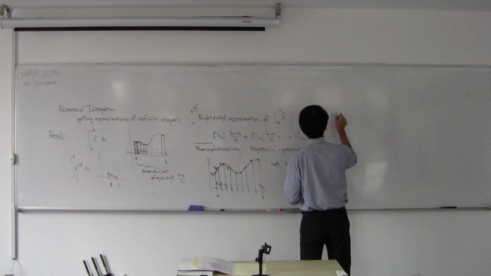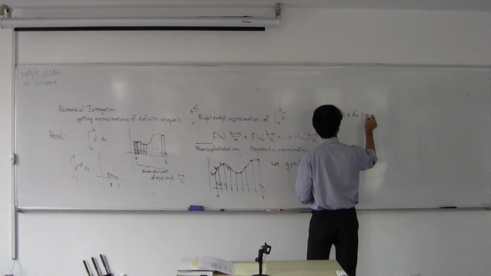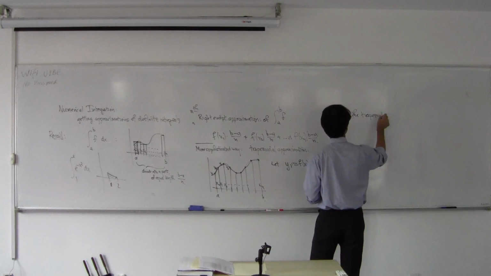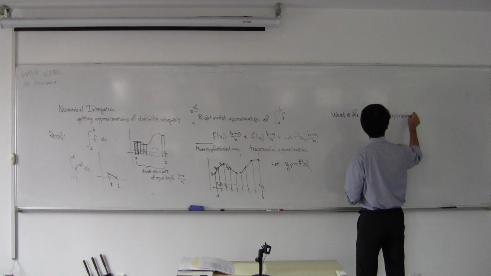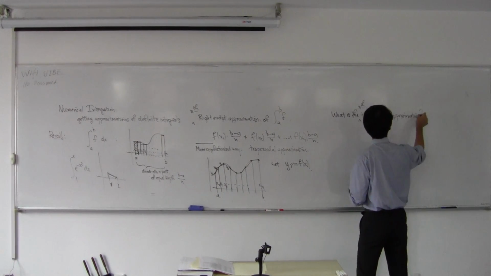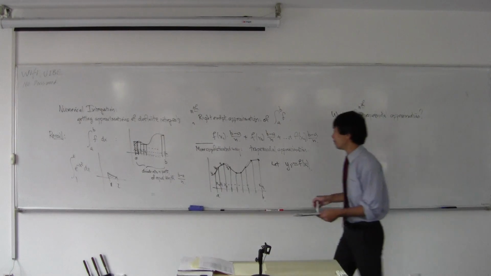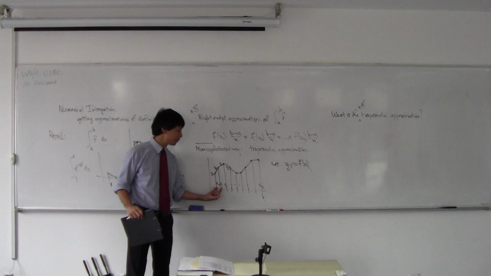Okay, what is the trapezoidal approximation? What's the area of this trapezoid? What's the area of this first trapezoid?